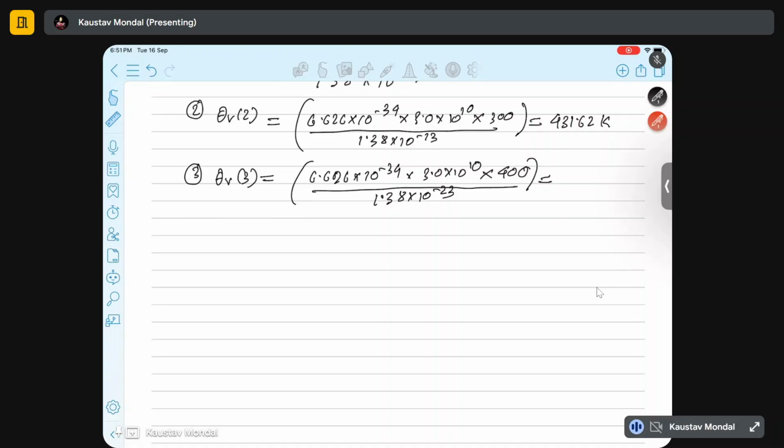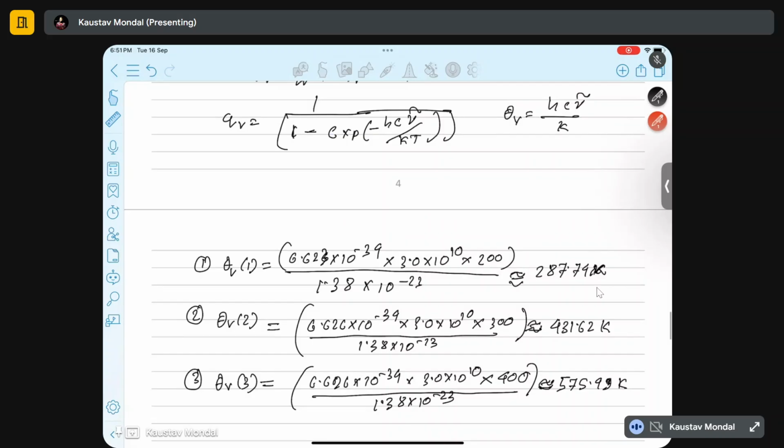If you do the calculations, it gives you around 575.449 Kelvin. These are basically the approximated values of theta V.